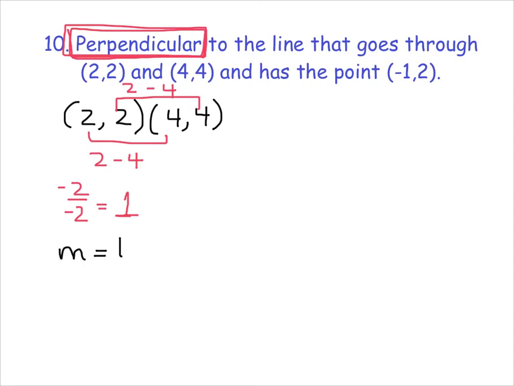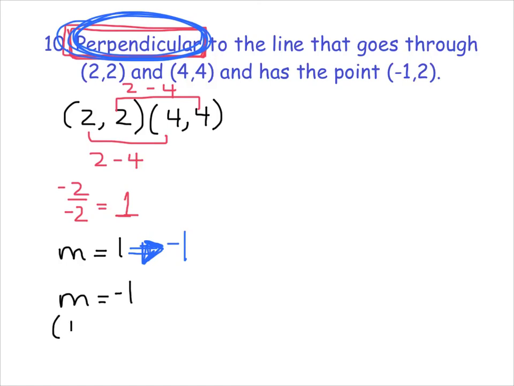However, this is where students go wrong. They don't do the perpendicular. So right now, I need to be totally making sure that my brain makes that a negative 1 because that's the new slope. So the new slope is a negative 1. The ordered pair that we have to use is negative 1, 2. We're going to find the b and give our new equation.